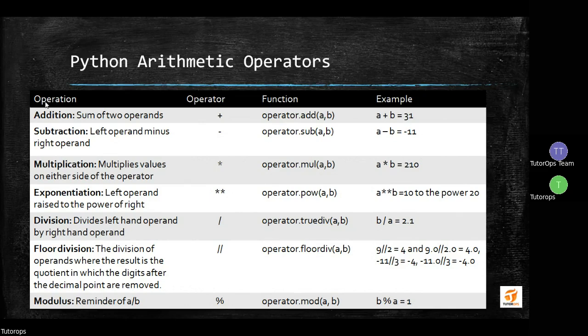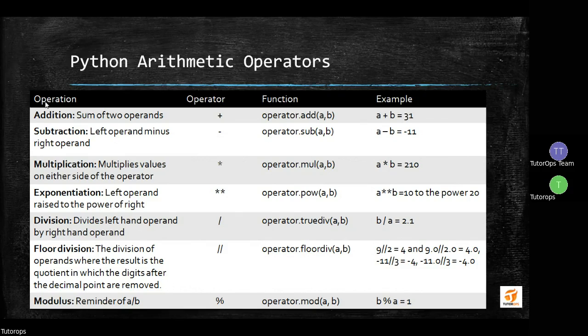Division is fine. Floor division is a bit different. Floor division is the division of operands where the result is the quotient in which the digits after the decimal point are removed. So if you see the example, 9 by 2: we should get 4.5, but as it's a floor division we'll get only 4.